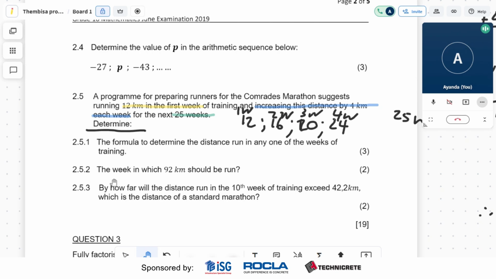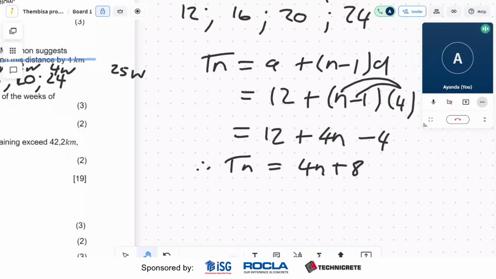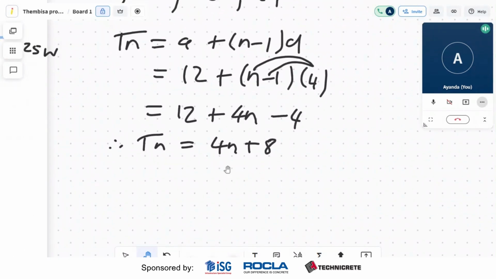2.5.2 asks, determine the week in which 92 kilometers should be run. So what we're going to do is use the formula that we've just made, and we're going to look for n, the week number. So 4n plus 8 must give us a total of 92 kilometers.